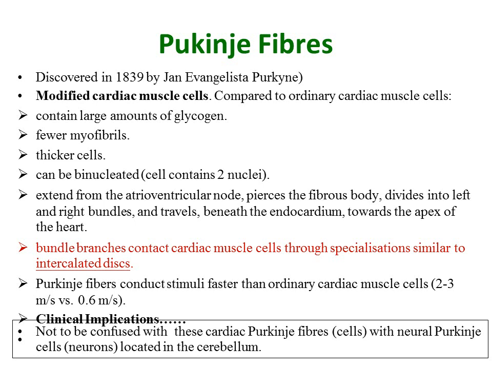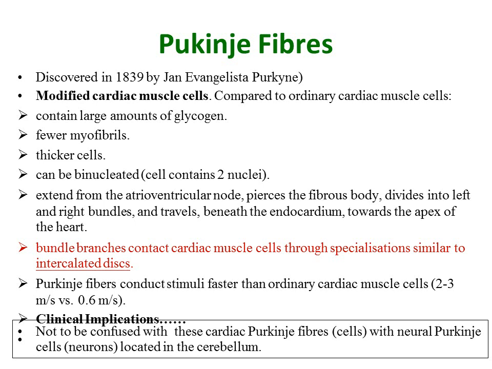They can be binucleated, that's to say, having two nuclei in each cell. They extend from the atrioventricular node, AV node, and pierce the fibrous body of the heart, dividing into left and right bundles and travel beneath the endocardium towards the apex of the heart, conveying the impulses to those parts of the cardiac muscle so as to complete the contractility.